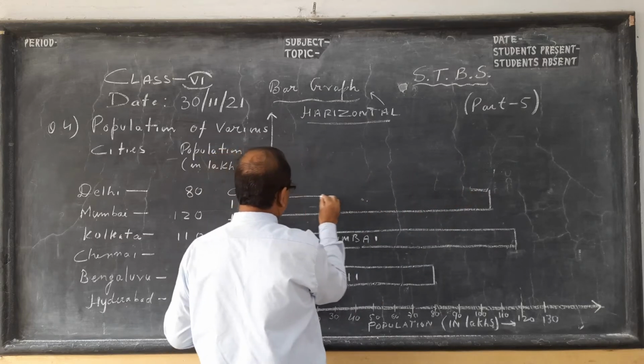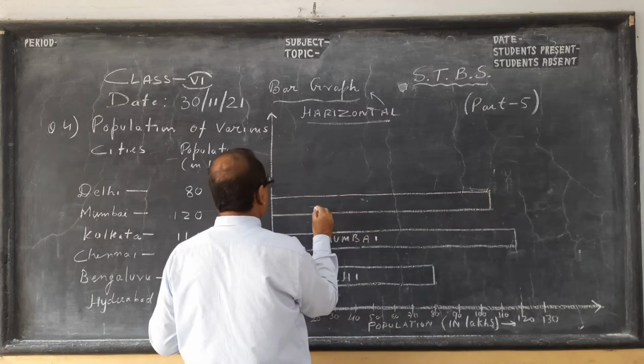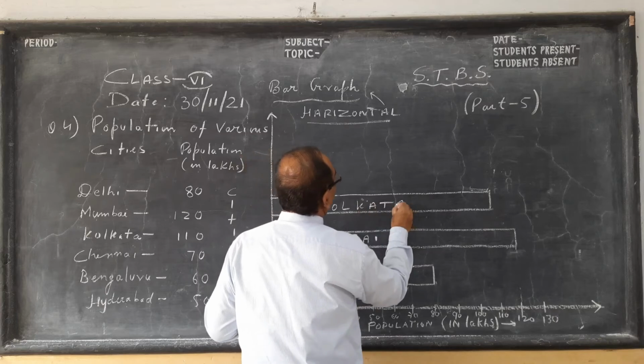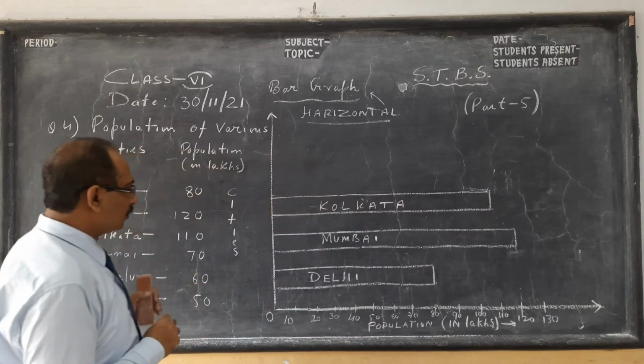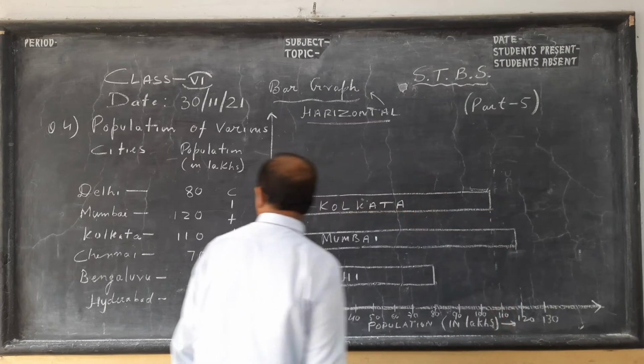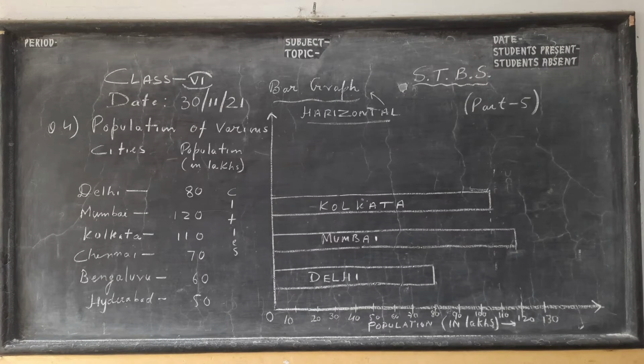The thickness should be the same, I told you, children. So this is your Kolkata. It goes up to 110, if you see. Similarly, we will plot for Chennai, Bengaluru and Hyderabad.